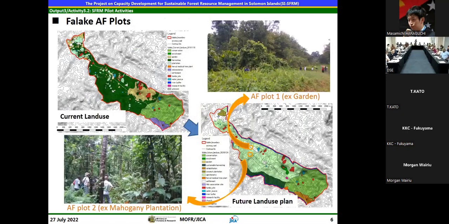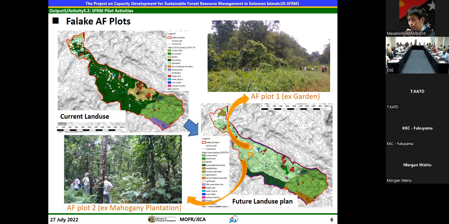Likewise, in Palake, they also have their agroforestry plot. But in Palake, they have two plots. The first plot is the previous garden area.